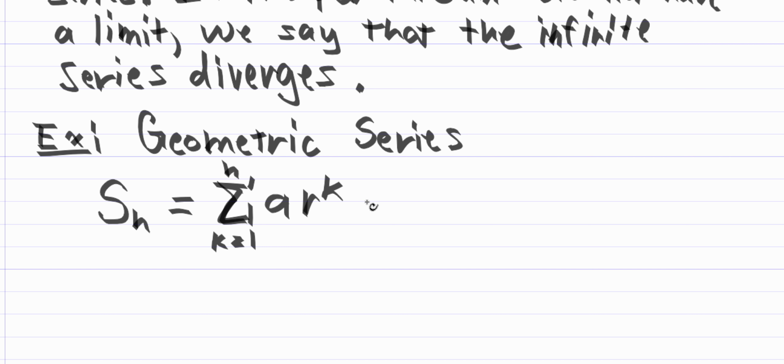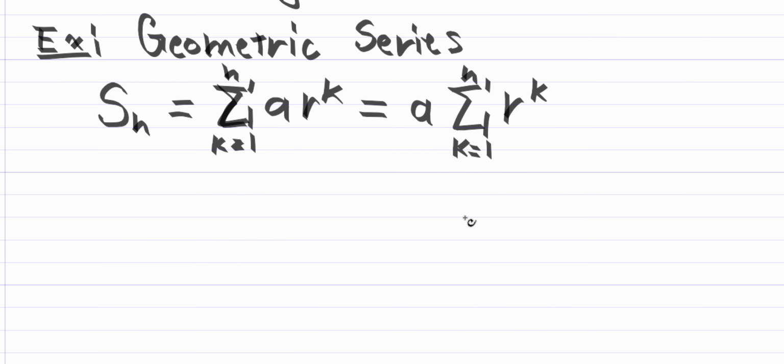Well, with a little algebra, we can see that we can distribute out a from all the terms, and then we have just r to the k. Well, it turns out there's a somewhat nice formula for the sum of r to the k.